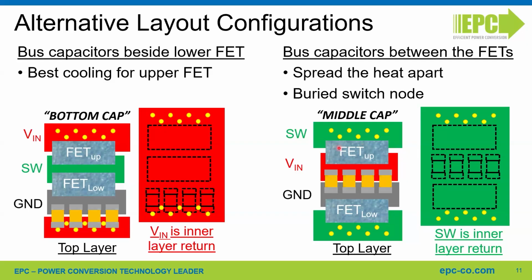In this case, it's partially buried, but depending on if you are using via simple, it can be fully buried in an inner layer, and this is very beneficial for shielding against radiated EMI.